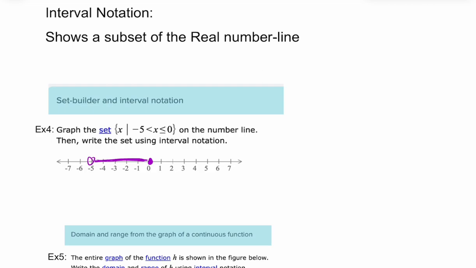Now it says write the set using interval notation. So those are the x's that do not include -5, but do include 0. So remember, the equal to gets a bracket, the non-equal to, the almost -5, gets a parenthesis. So I think into my brain, almost.